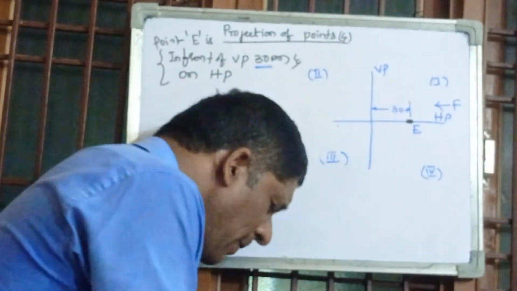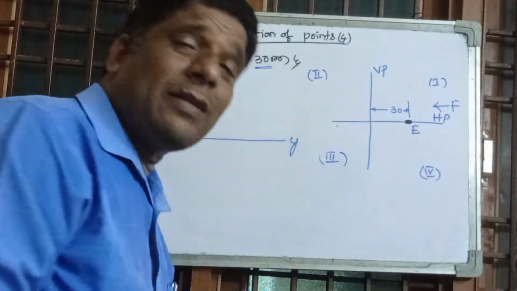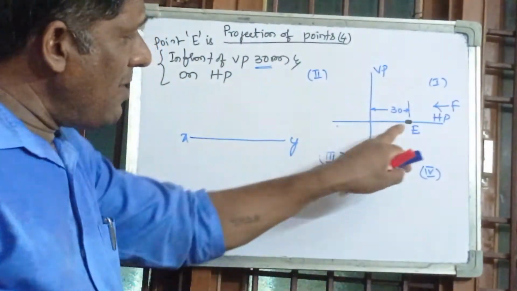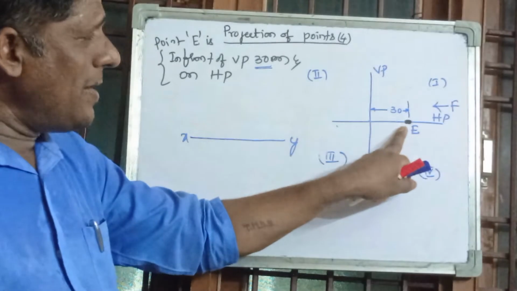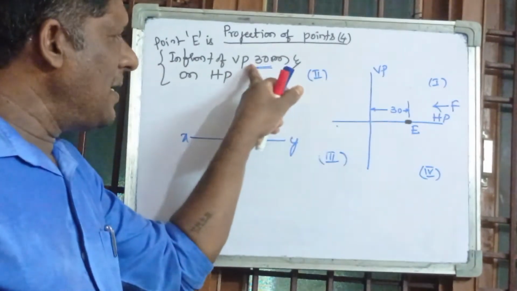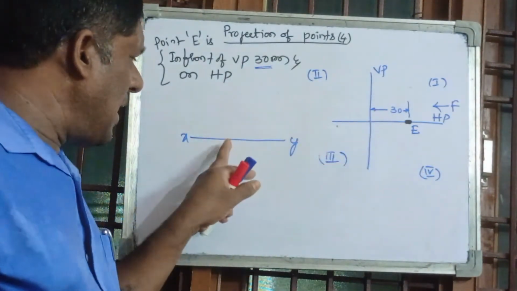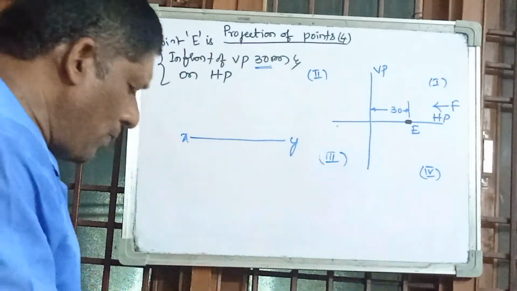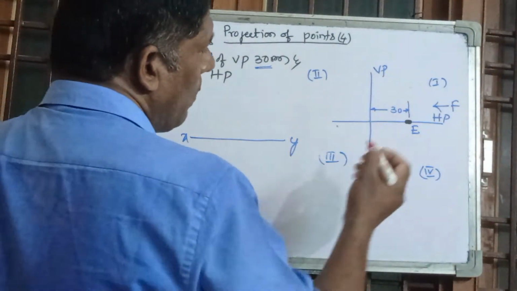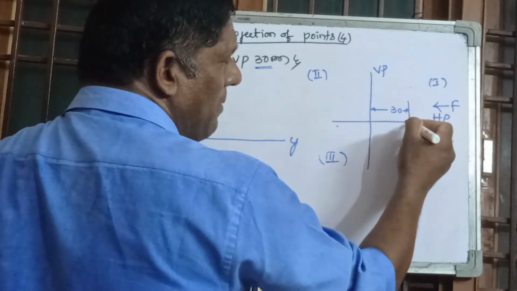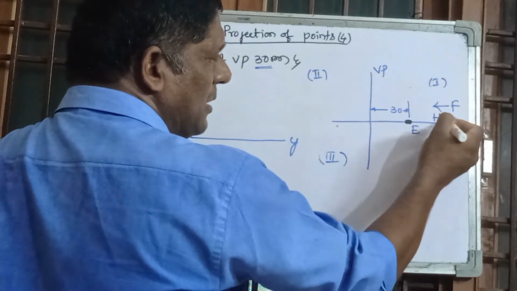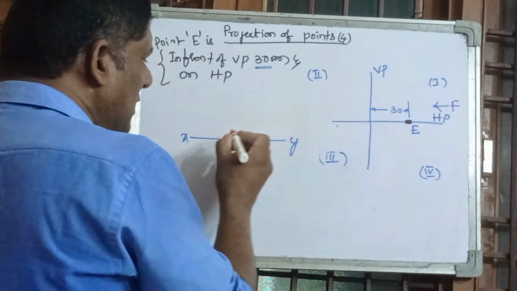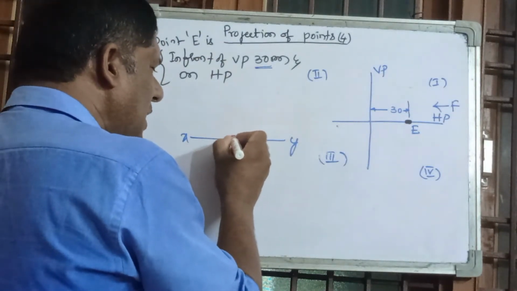It is a constant method; there is no change here. Whenever in an examination the point is on HP or on VP, you can blindly take it directly on the XY axis line. It is a rule. There is no gap between the horizontal plane and the object, that's why it falls on the XY axis line.